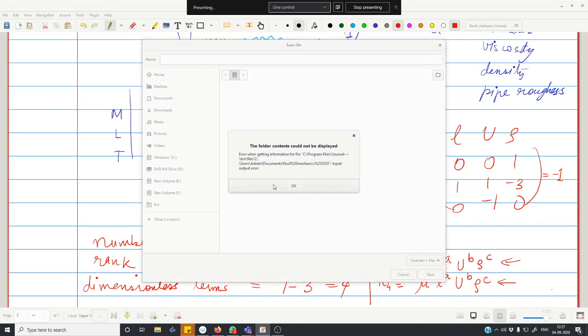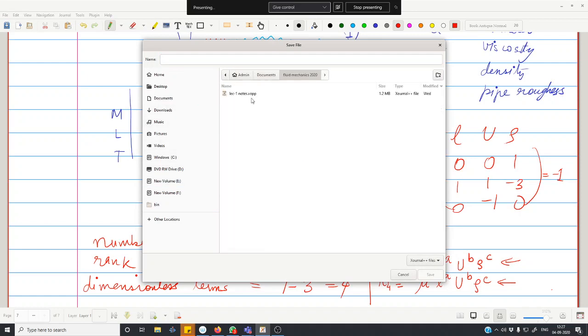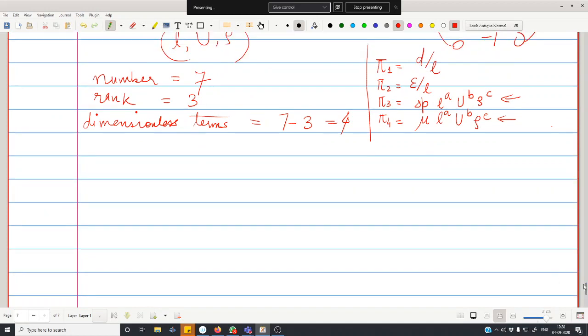Let me save this file. Okay, so what will pi 3 be equal to and what will pi 4 be equal to?